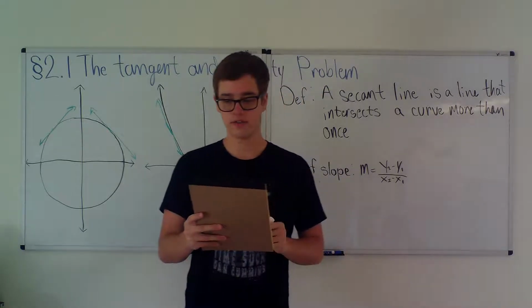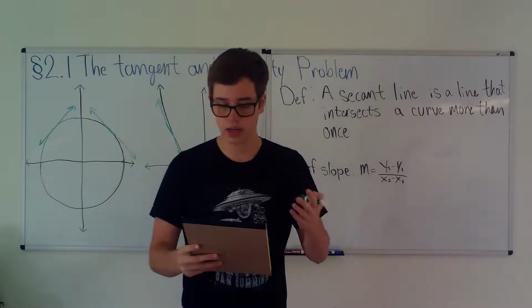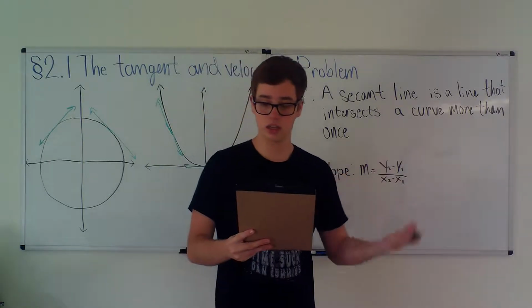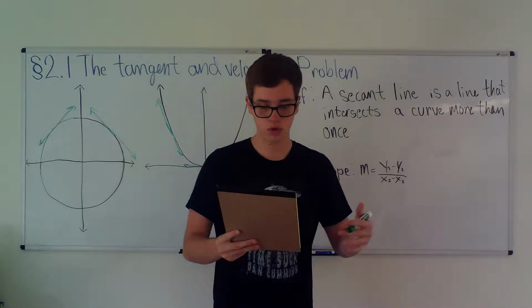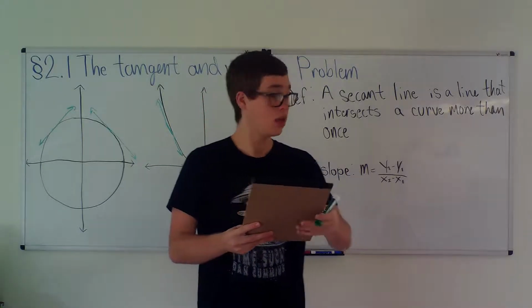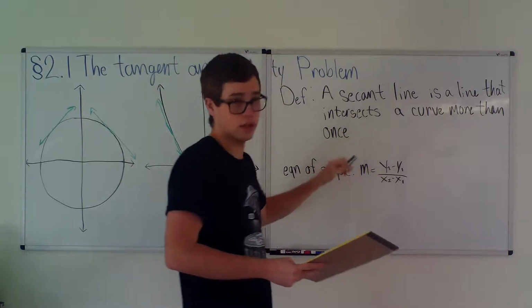So if we wanted to find the slope of the tangent line to the parabola y equals x squared at the point 1, 1, we would need to choose a point Q that is very close to point P, and then this will create a secant line with slope MPQ. A secant line is a line that intersects a curve more than once.